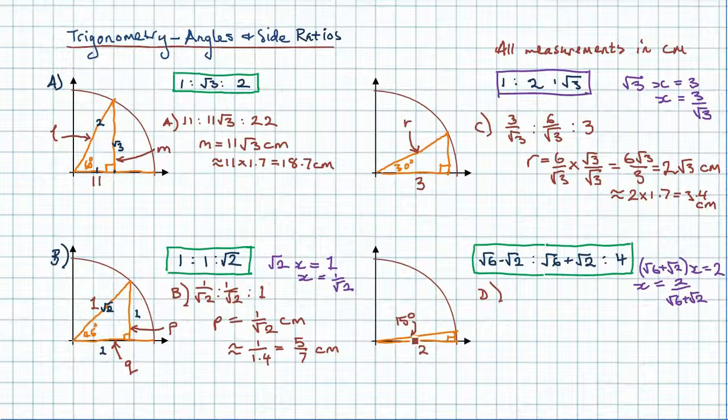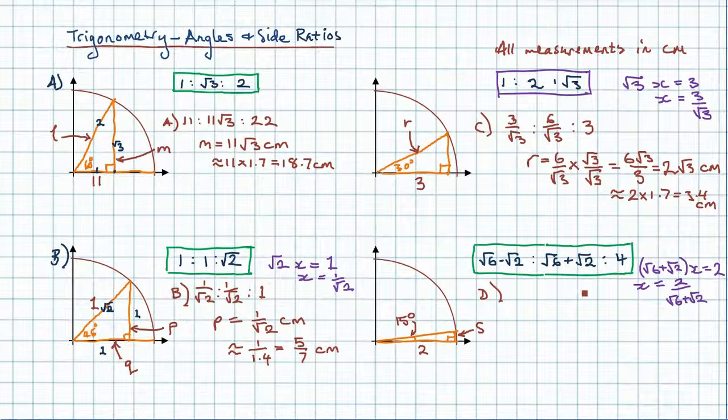Well, they want us to find, let's say, this short length here. Okay, so let's call this, I don't know, what did we have before? R, so let's call this S. Okay, so what's the value of S going to be?